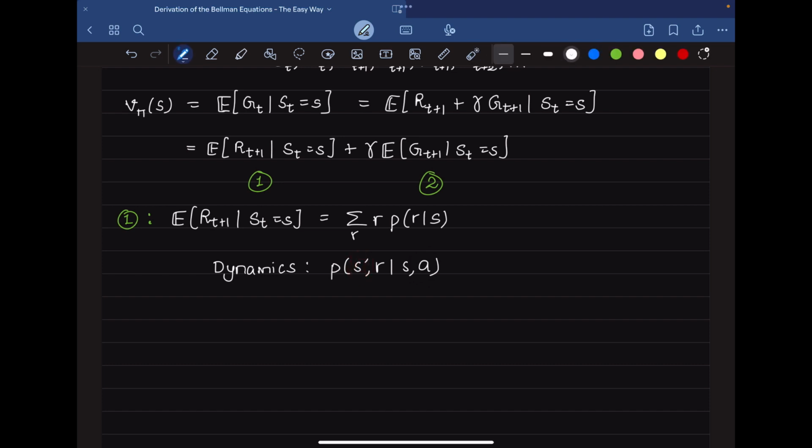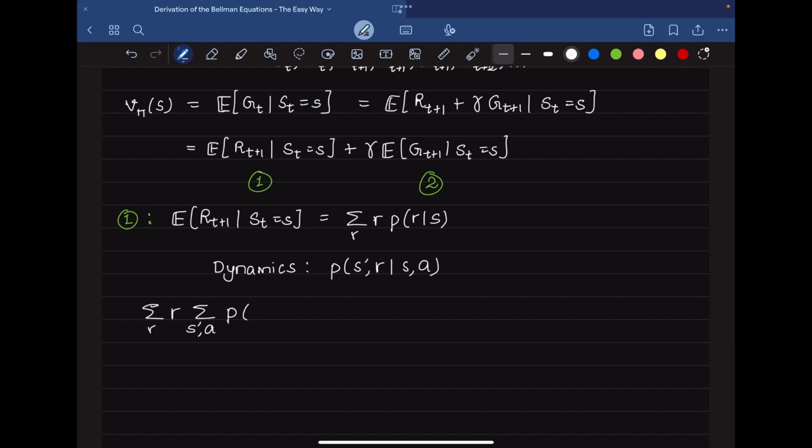So let's do one thing. Let's again expand this, and I can write the probability of getting reward R given the state S as a marginal probability, and so this can be expanded to summation over all the next states S prime and all the actions I can take.